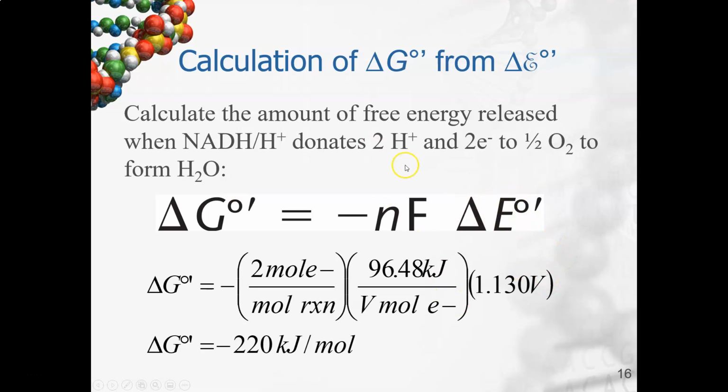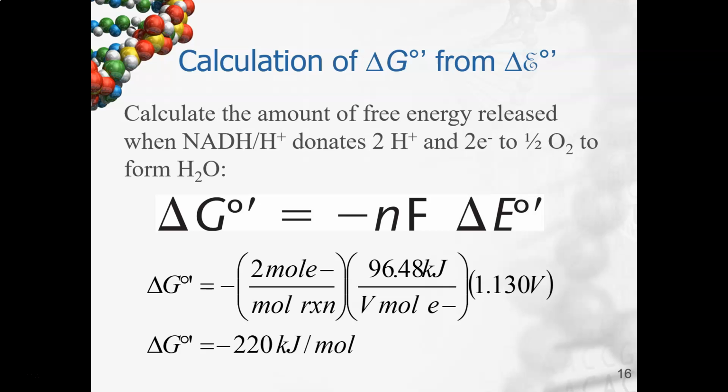We calculated the E value associated with the reaction when NADH donates protons and electrons to oxygen to form water. And if we do this calculation right here with the 1.130 volts being the delta E0 primed of that reaction, and this is the Faraday, and 2 moles of electrons are being transferred, we get about the same value. So that delta G0 primed is negative 220 kilojoules per mole.